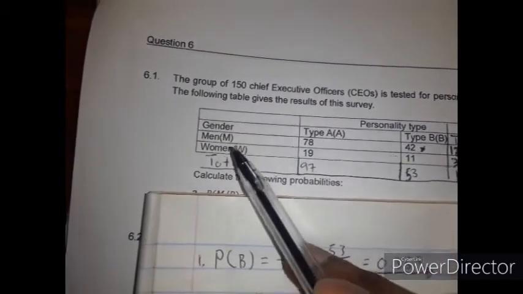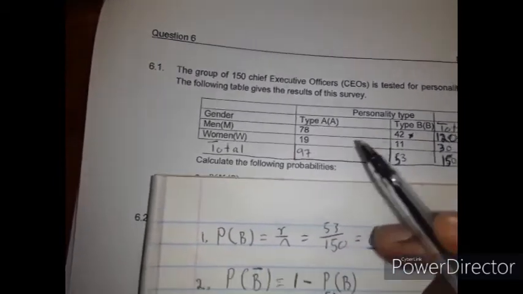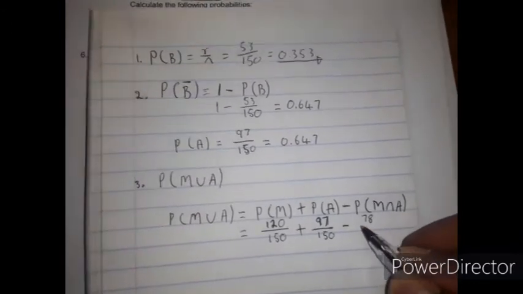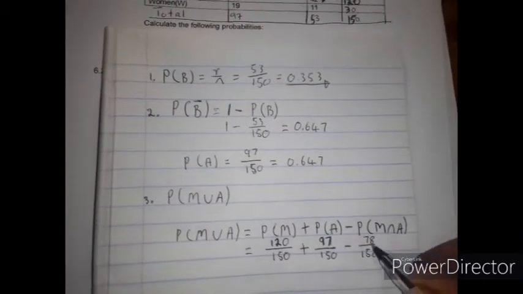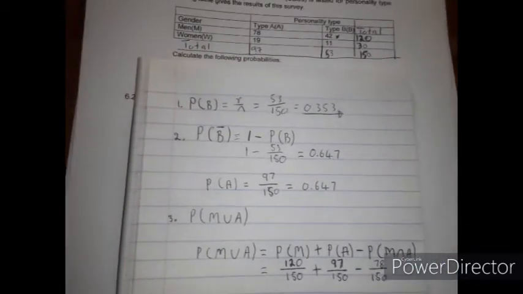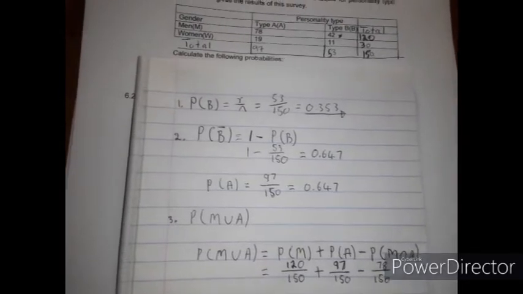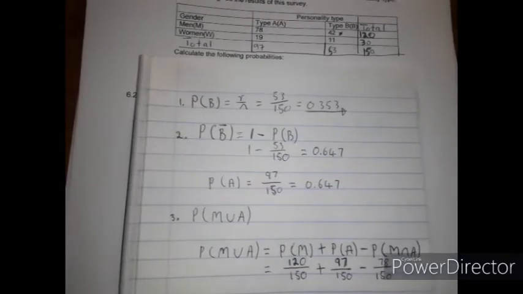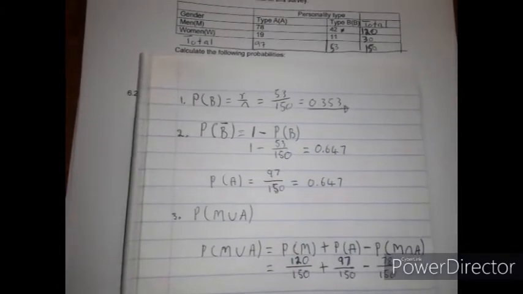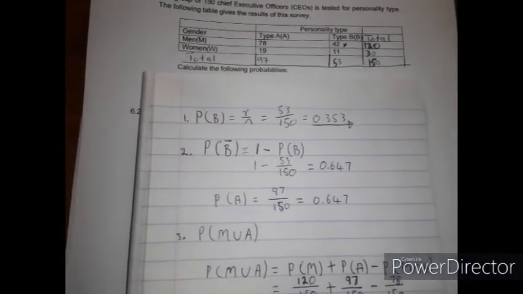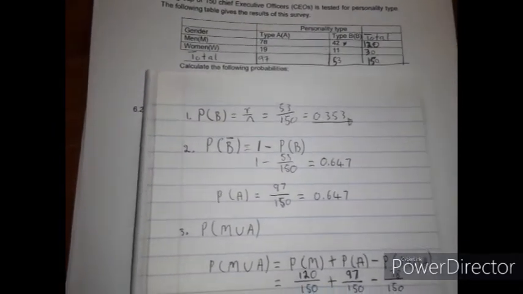There's type A and there's man. They intersect by 78. So you write the intersection here, divide by the total number of possible outcomes, which is 150. Then the answer is 120 over 150 plus 97 over 150 minus 78 over 150.